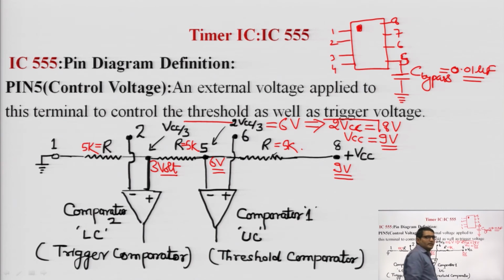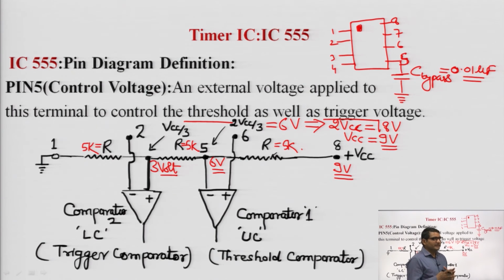And why do we take this bypass capacitor? It can increase the noise immunity of the timer circuit, or it can neglect any noise effect which can try to change the output or functionality of the IC 555 timer circuit.